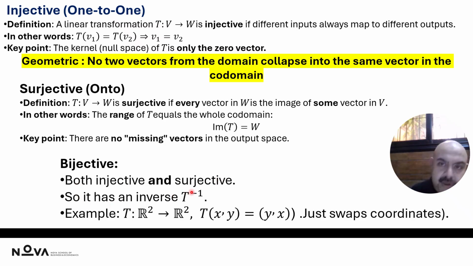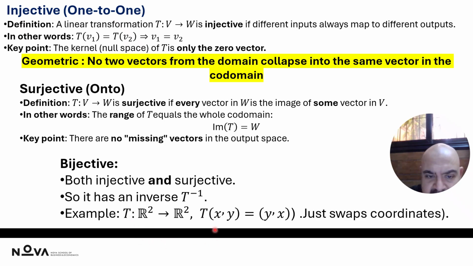So for a linear transformation to have an inverse, that's the intro, this is why we went through these definitions: it must be both injective and surjective. So it has an inverse, which means T is such from R2 into R3, or from R3 into R2, and so on.